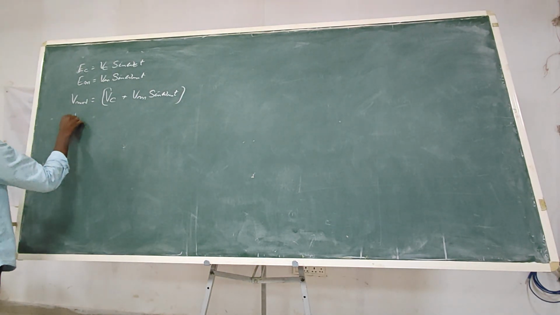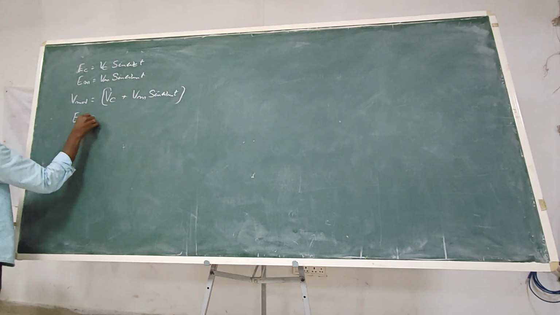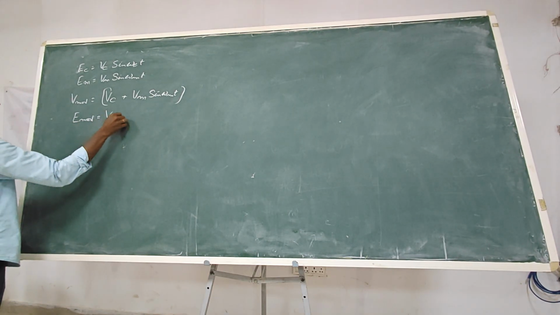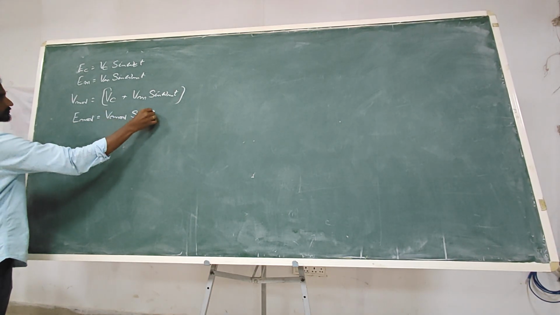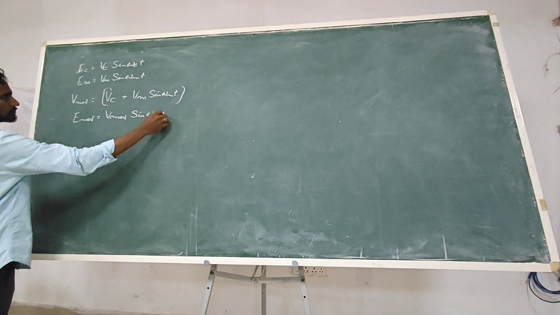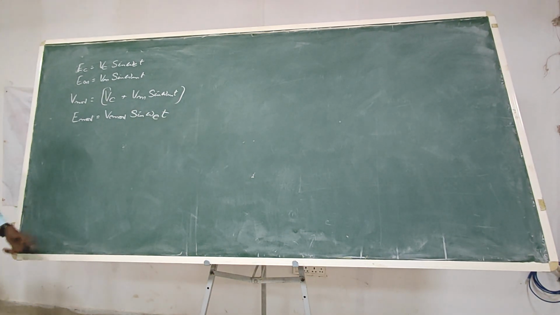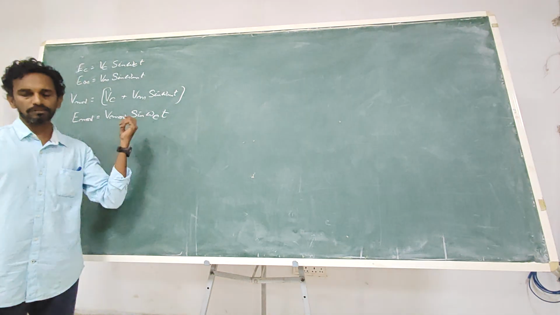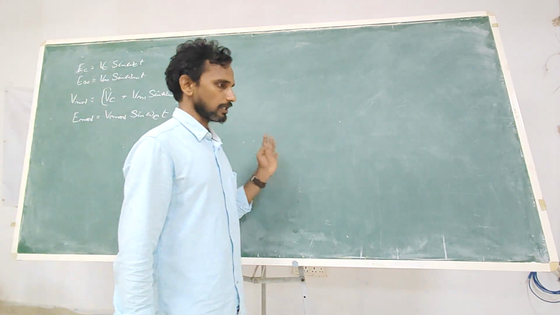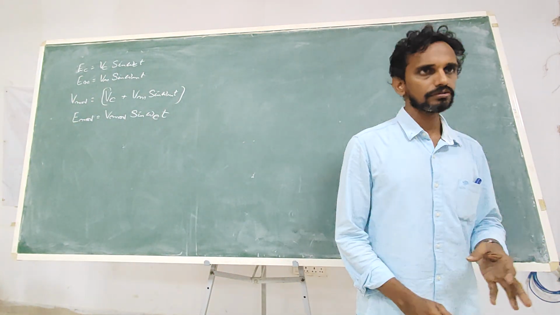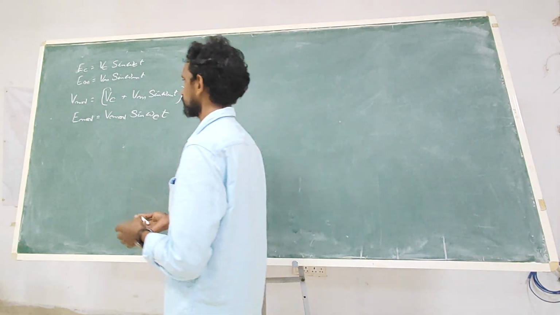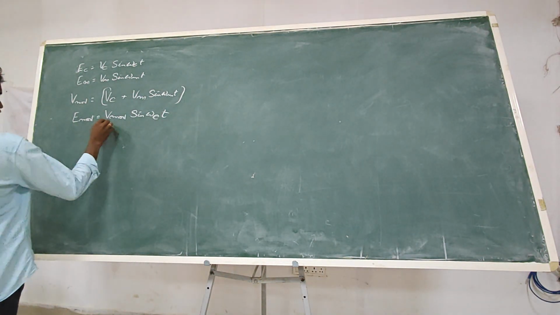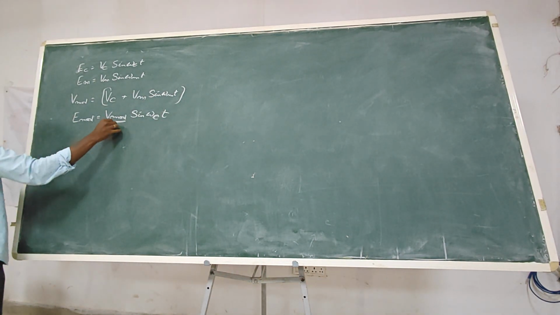So the total modulated wave is given by this. Here we are not altering the frequency and we are not considering phase at all, because we are not dealing with it. All we are dealing with is the amplitude.